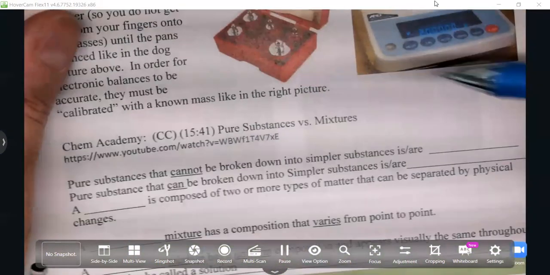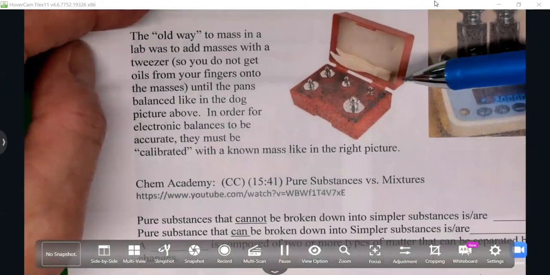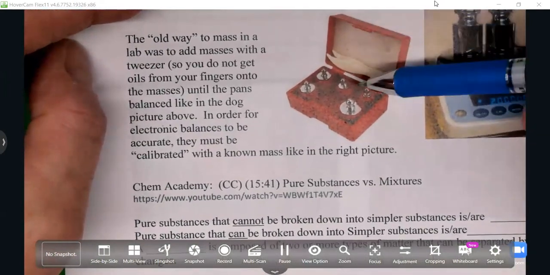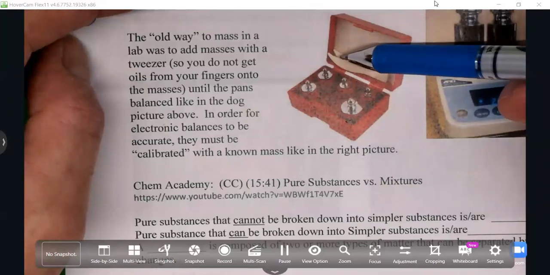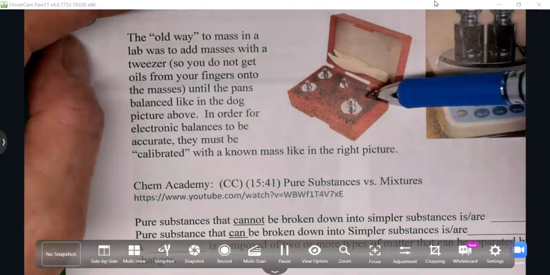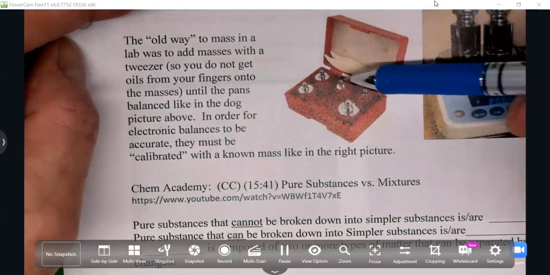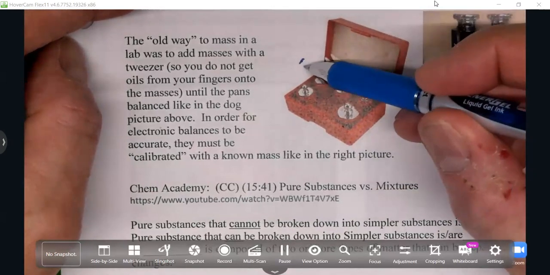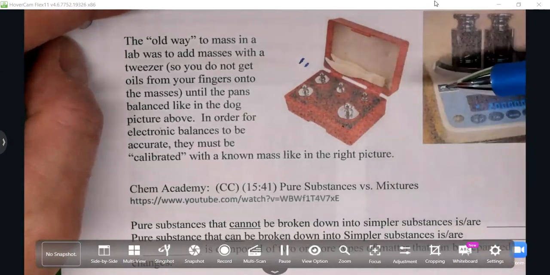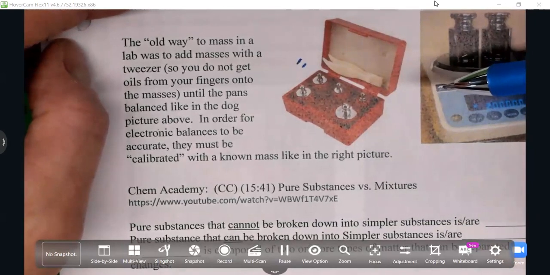So it used to be a nightmare to get an accurate mass. You would have to do that teeter-totter method. You would have tweezers and you'd start putting these little metal cylinders on there first, and then you'd be down to these little ticky things. It took forever.